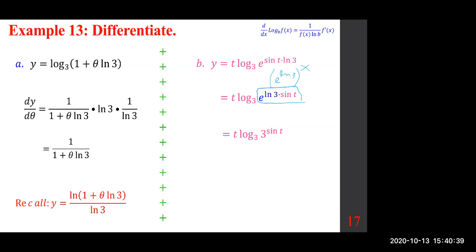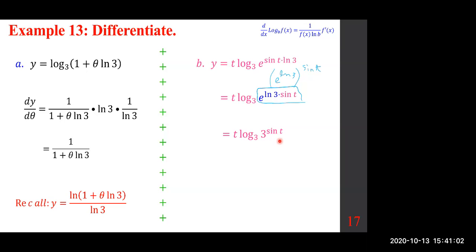I'm sorry, class, I meant sine t. And the piece in the parentheses just becomes the number 3. So this whole thing, e to the power of ln 3, is replaced by 3. So 3 to the power of sine t.